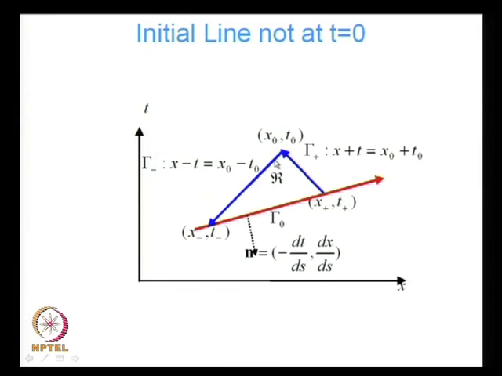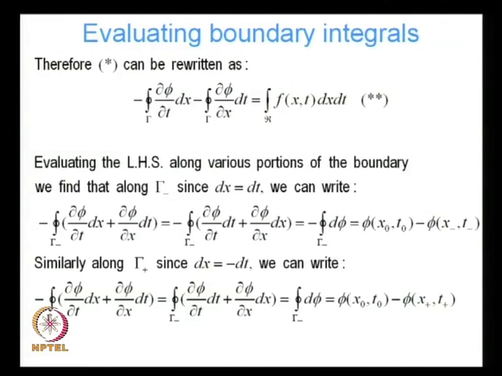So, along gamma minus, as it moves along this direction, x decreases, as it moves along this direction t decreases, and the slope is 1. So, dx has to be equal to dt. Both have the same sign, dx is negative, dt is negative. So, along that line dx is equal to dt, and we can write del phi/del t dx plus del phi/del x dt.